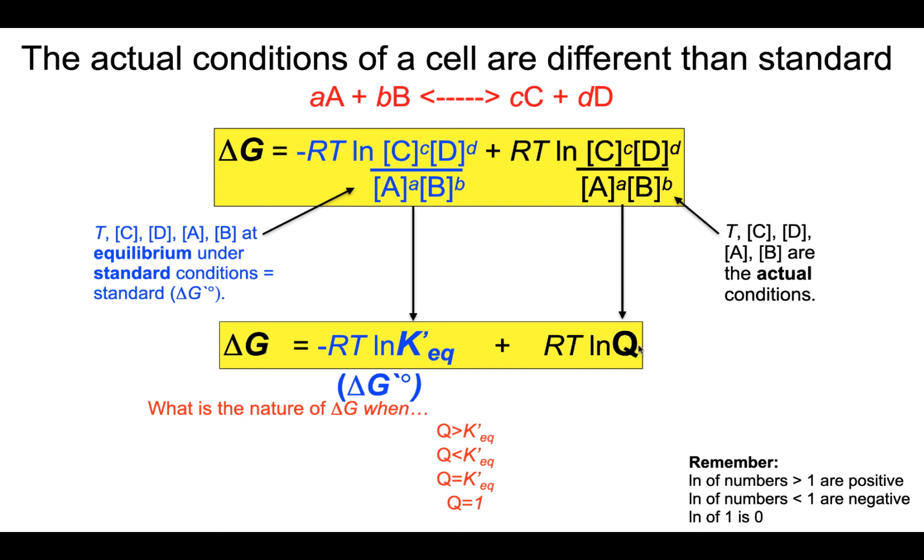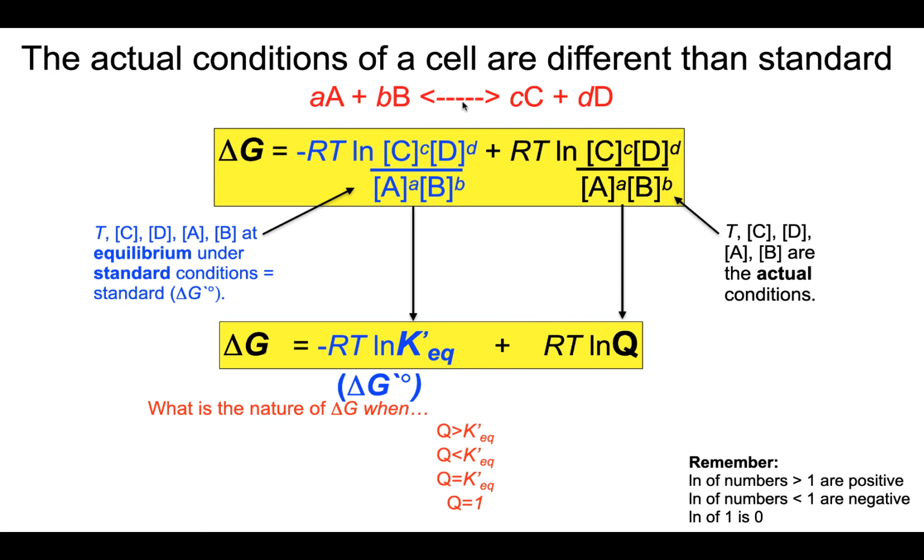If Q is less than K, that means there are more reactants than what the reaction wants to be at. The reaction wants to be at a situation where it has fewer reactants than it does right now, which means it has to convert those reactants to products.